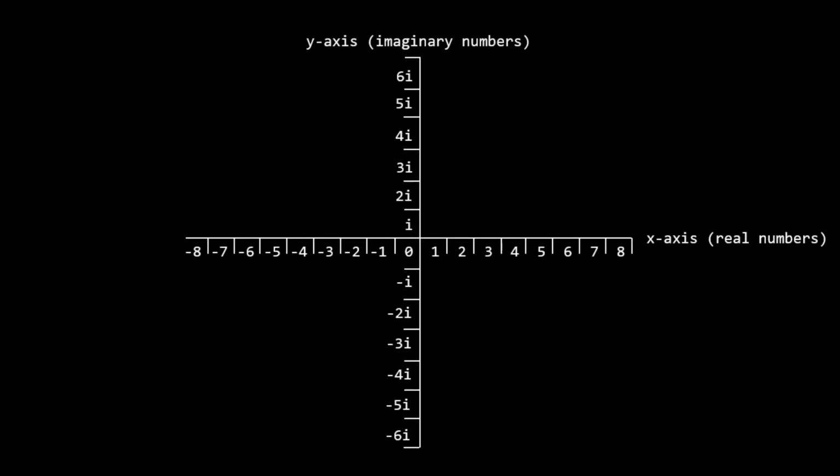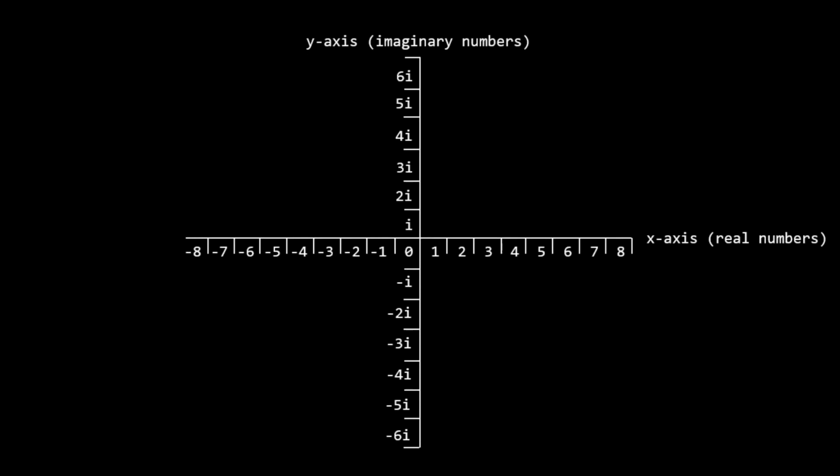So you start out with axes. Now, the x-axis is fairly normal. It's got the real numbers in there, so you've got 0, and then it goes up positive and down in negative. Now, the y-axis is a bit different. The y-axis is multiples of the imaginary number, i.